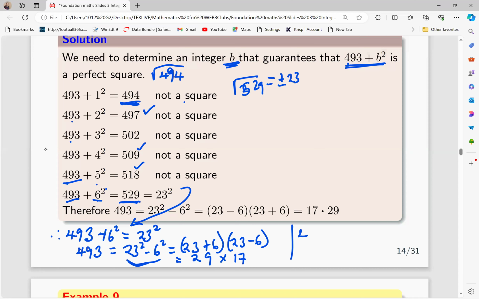We wanted to factor 493, and in fact, it's 29 times 17. Now, if 29 and 17 are prime numbers, then you are done. If they're not prime numbers, you can still try and see whether you can factor each one of them.